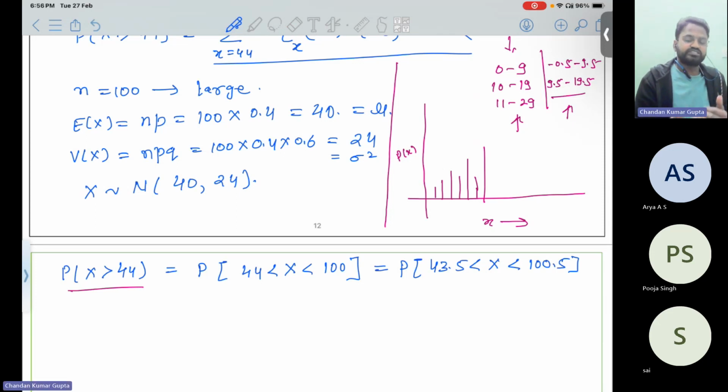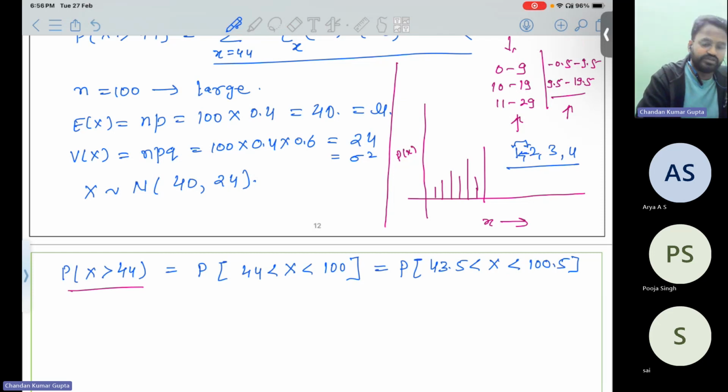Because we will transform the discrete random variable into a continuous random variable. In discrete, 1, 2, 3, 4 are there, right? So we have to convert this data into continuous form. Then we take the difference between successive terms, which is 1, its half is 1 by 2 or 0.5, and 0.5 is subtracted from the lower limit and added to the upper limit.